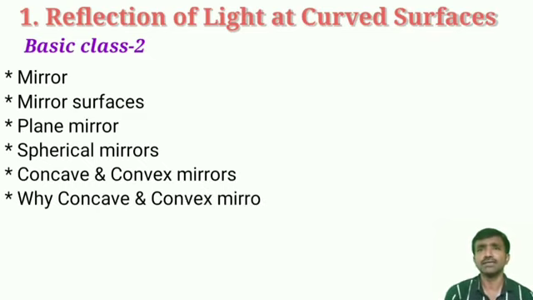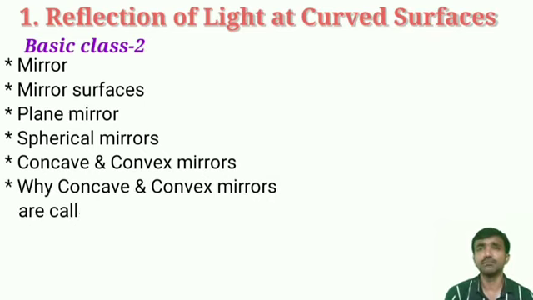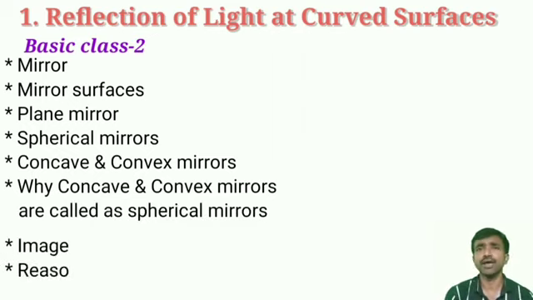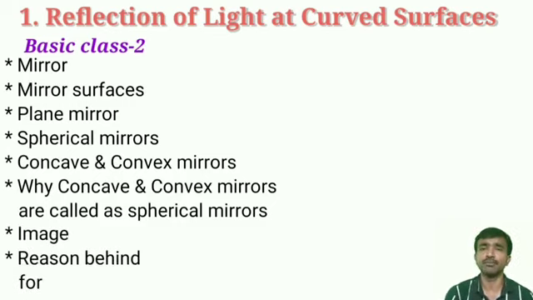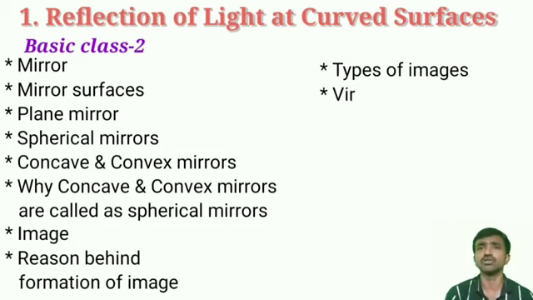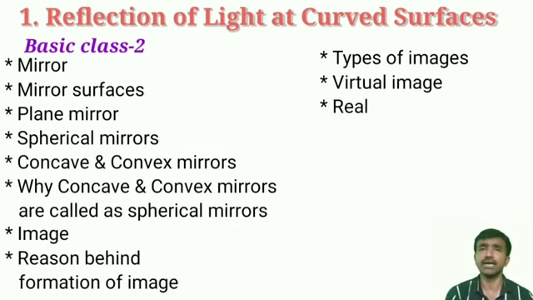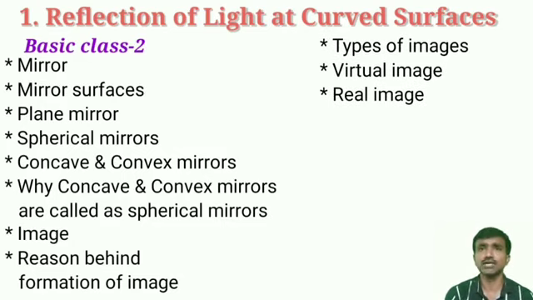Then why the concave and convex mirrors are called spherical mirrors, what is an image, and the reason behind the formation of an image. Then what are the types of images, like virtual image and real image. So these are the topics of this video class.